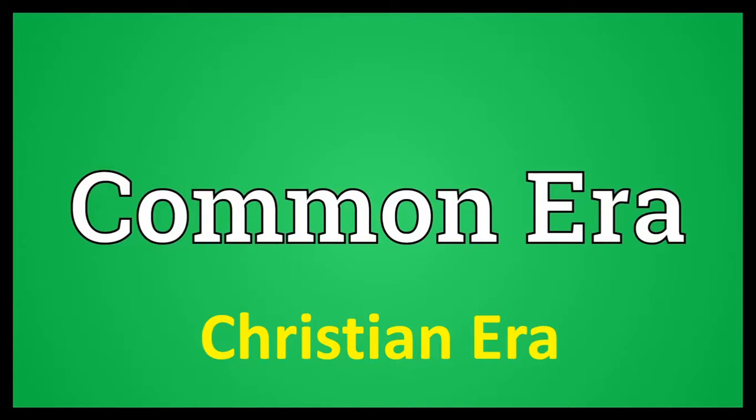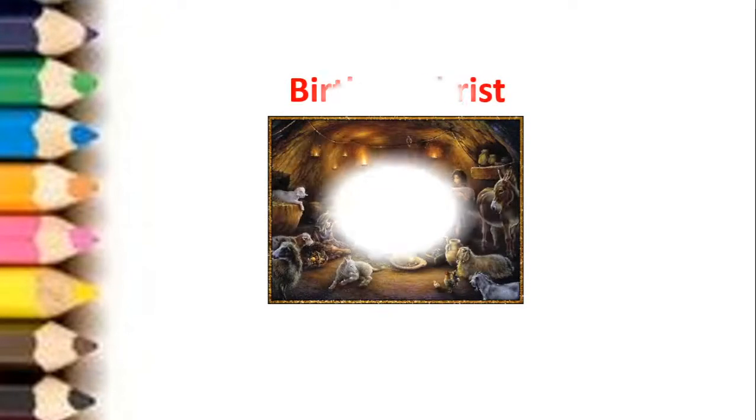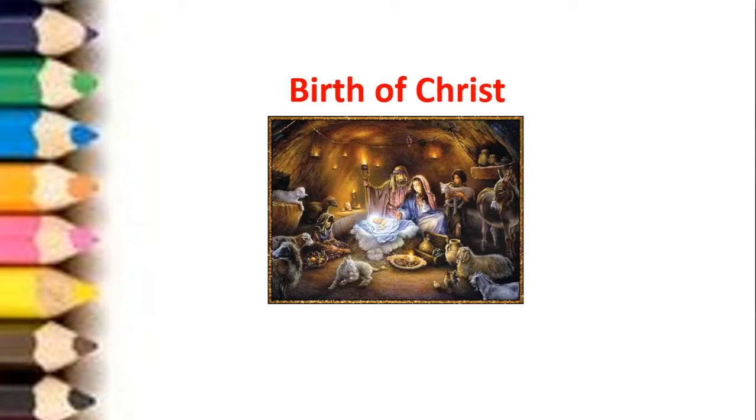Now the most common of them all is the Common Era or the Christian era. So let us see what the Christian era means. So we all know about the founder of Christianity, Jesus Christ. The birth of Jesus Christ marked the beginning of the Christian era.